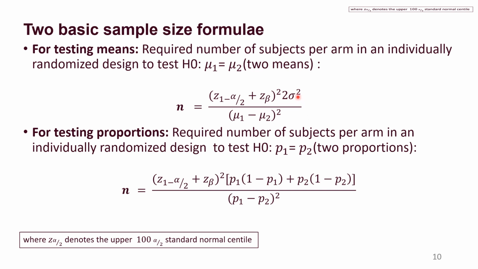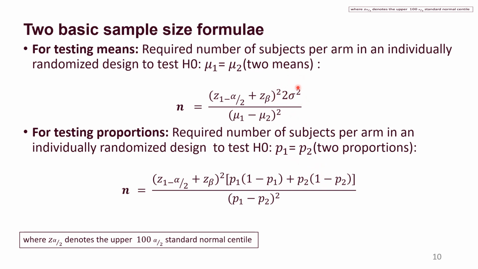Now we don't need to think too much about the detail of these formulas, other than to note that they do share some commonalities. So they both are a function of our type 1 and type 2 errors here on the left-hand side. They're also both a function of the difference that we're trying to detect on the bottom of the fraction. And then they are both slightly different on the top of the fraction.